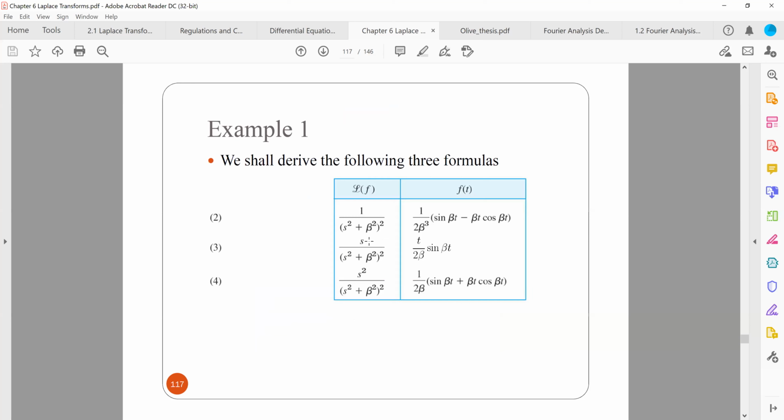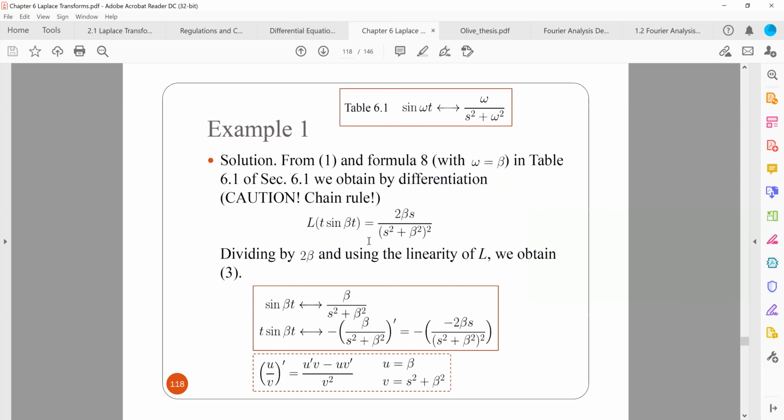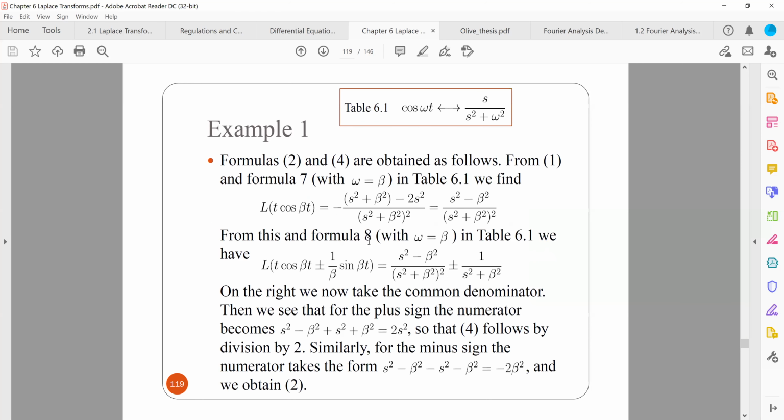Now for these other ones, let us start with 4, although we can put them in one step. Equation 4, we want 1 over 2 beta sine beta t plus beta t cos beta t. So we'll first work out what t cos beta t is. Again, using what we know, the Laplace transform of cos omega t, we replace omega with beta.